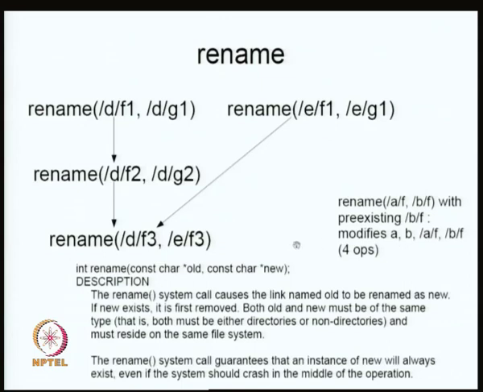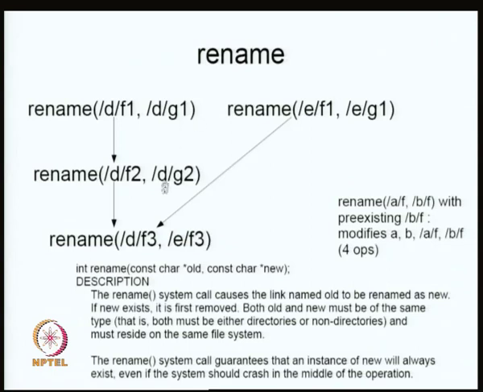Let's say the file system already guarantees some atomicity condition. So we are now talking about how to order renames themselves.